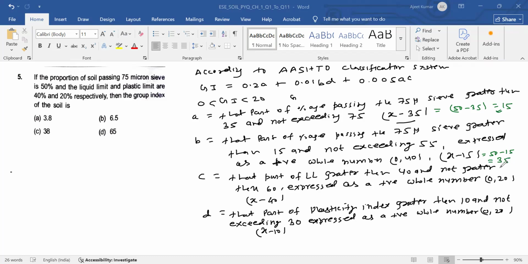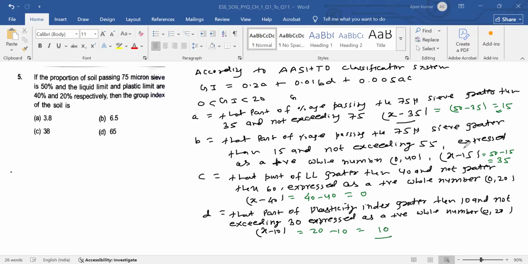So B will be 35. And what is C? C is that part of liquid limit greater than 40, so X is the liquid limit, 40 minus 40, this is 0. And D is that part of plasticity index, the plasticity index is 20, so 20 minus 10 is equal to 10.